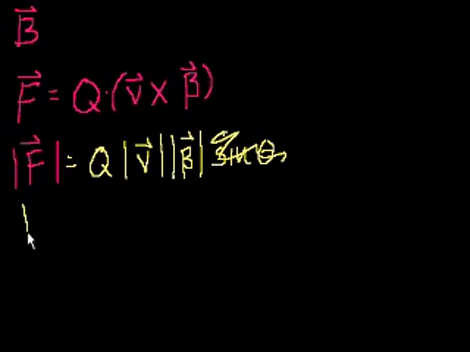So force is newtons. So we could say newtons equals, charge is coulombs, velocity is meters per second, and then this is times the, I don't know what we'll call this, the B units.